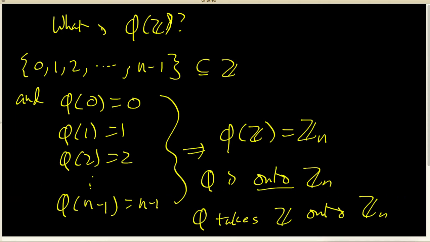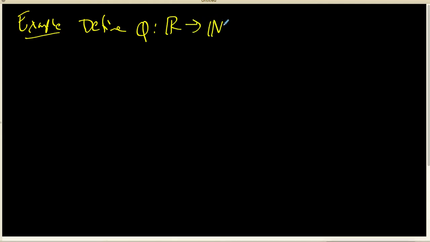Well, what I want to do next is look at a second example that is a little bit different. So this time we're going to define a map phi from the real numbers to the 2 by 2 matrices with their entries drawn from the real numbers.